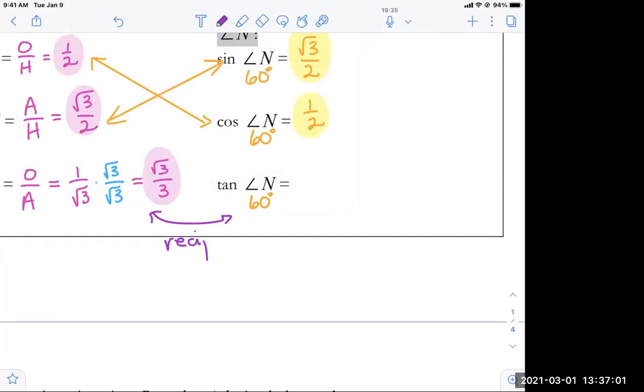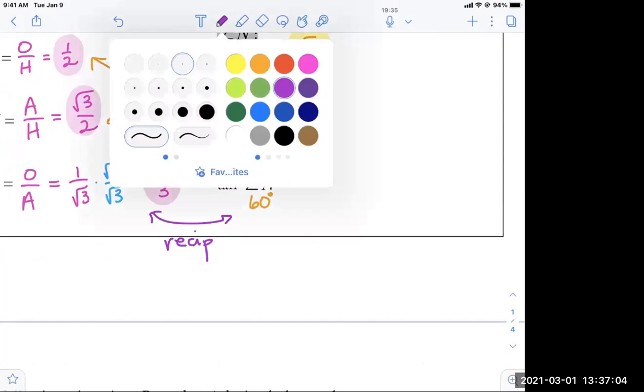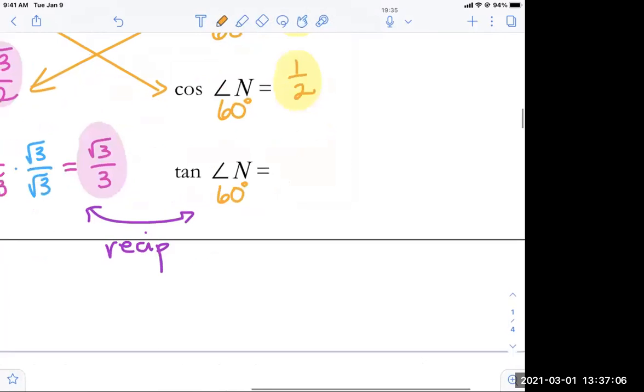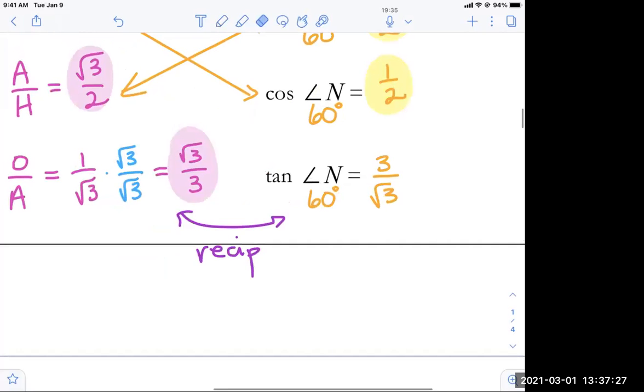So when you flip that over, you get 3/√3. Does that need to be simplified, or is it okay as it is? Yes, it should be simplified. It's got a radical on the bottom, right? So could you simplify that and get the right answer?